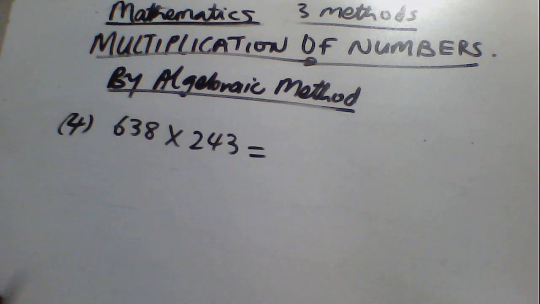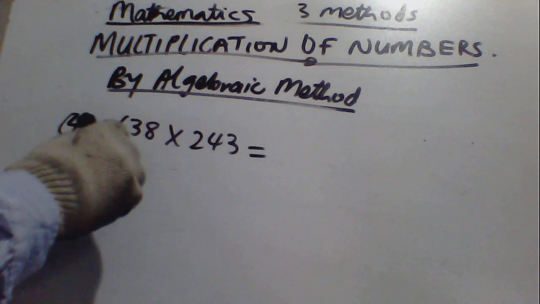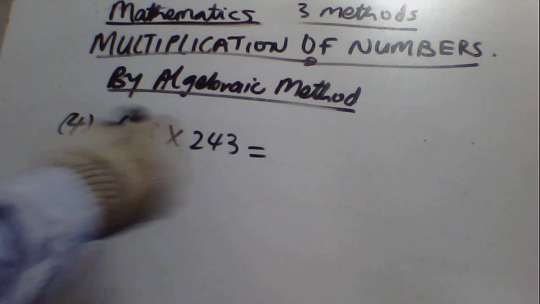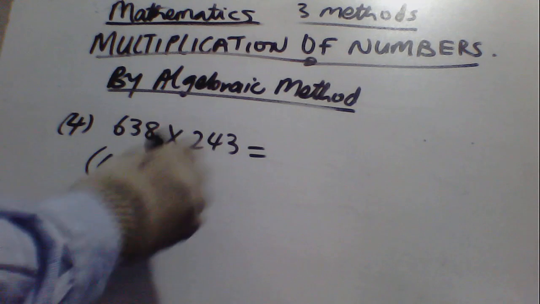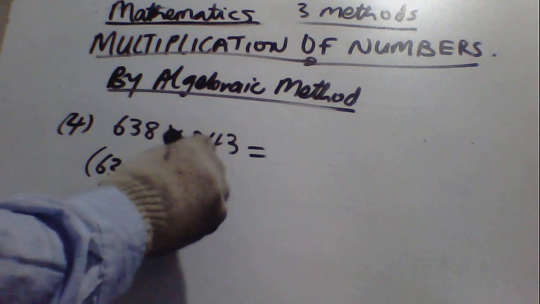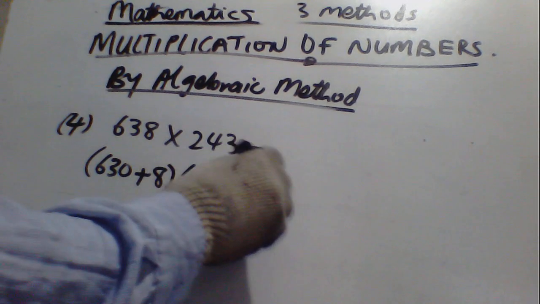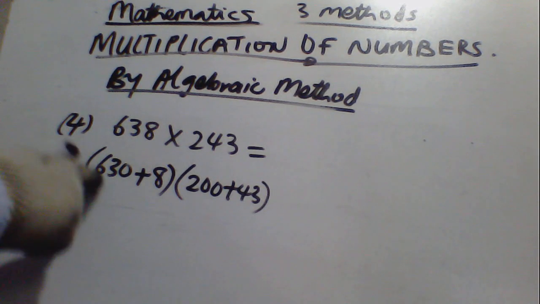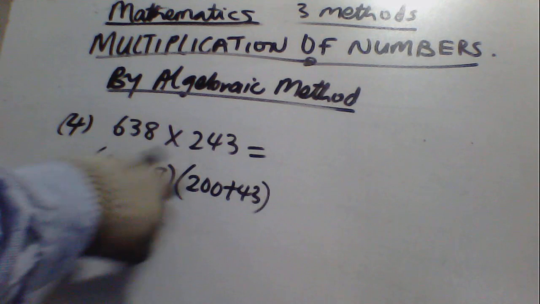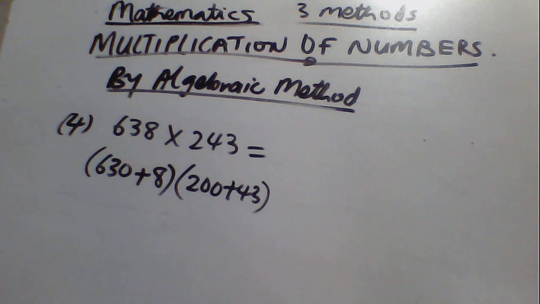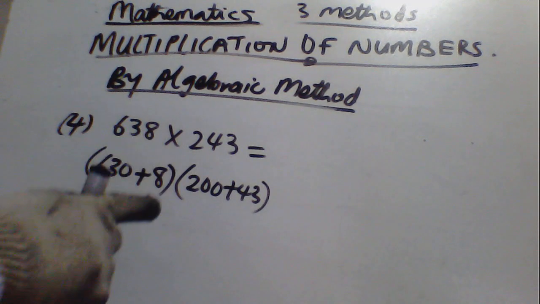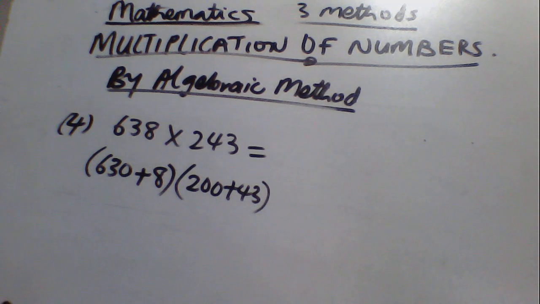So from here you have 630 plus 8 multiplying 200 plus 43, whichever way you try to split it so it will be easy for you. You look at the question and then know how to split it. I split it between 630 and 8 and 243, because in this splitting you will still perform one major multiplication. Every other one may be easy.